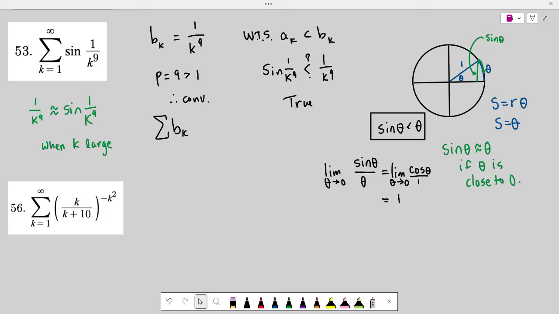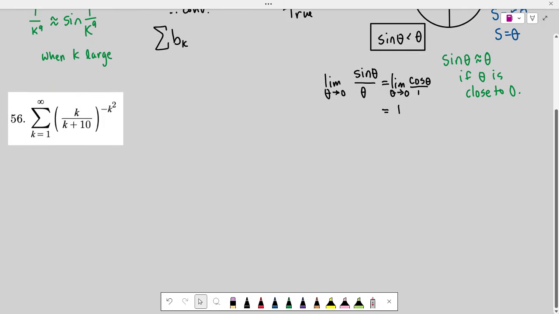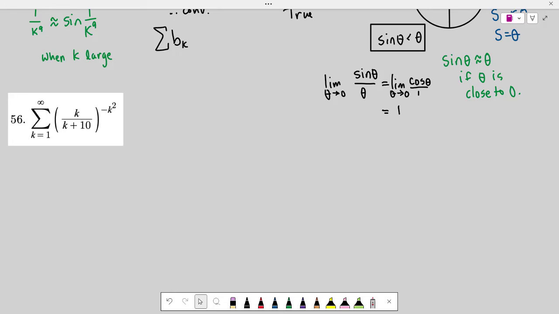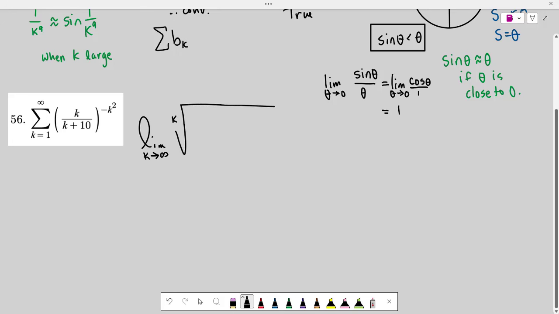Okay, let's just do this one before we take our break, because this one's going to be fairly quick. The obvious choice again is the root test. We've got that power on the outside, so let's take the kth root, not the square root.